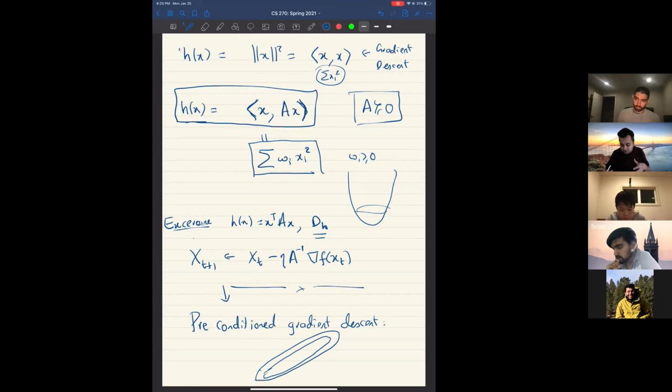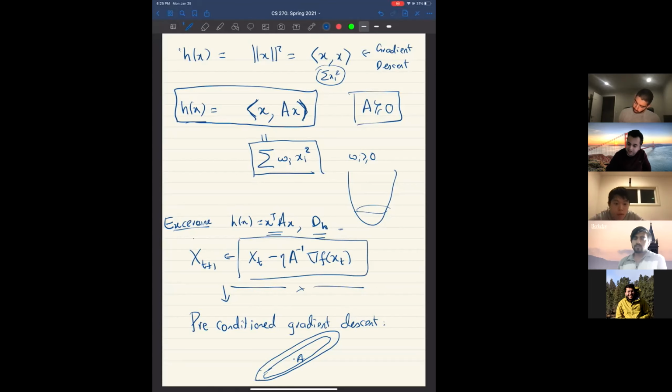So how do you achieve this? Well, if you knew that the geometry looks like this, and if you knew the A corresponding to it, as in the quadratic form that forms these contours, then you could use that as your H or the Bregman divergence. You could write down the corresponding preconditioned gradient descent, and that will work faster, meaning it will give you exponential convergence where you otherwise didn't have that.